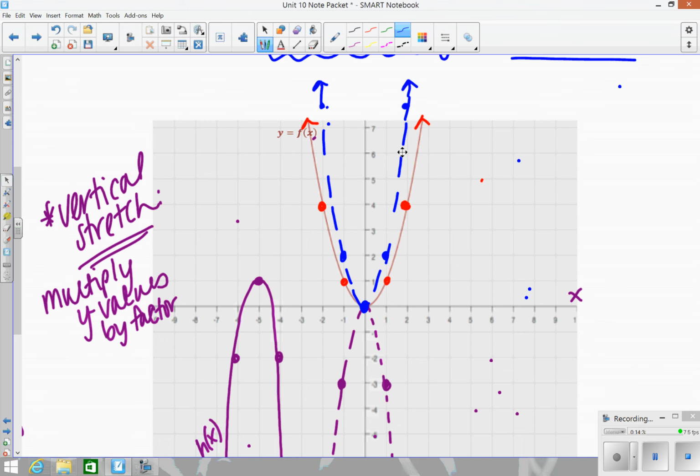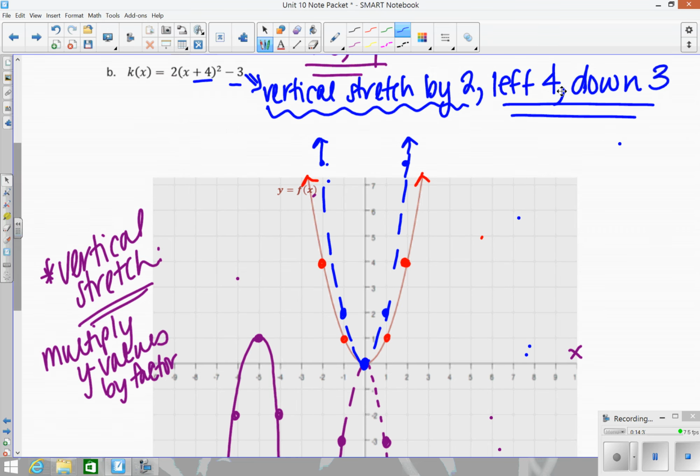So now that I have my vertical stretch done, I can take those key points I plotted and move left 4 down 3. So I'm just going to do these 3 down here. So left 4, so 1, 2, 3, 4, down 1, 2, 3. 1, 2, 3, 4, down 1, 2, 3. And then 1, 2, 3, 4, down 1, 2, 3.